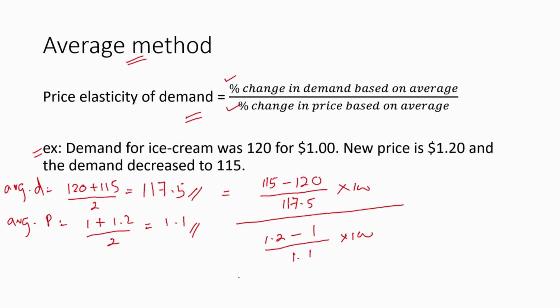This is the average method to calculate the price elasticity of demand. So the price elasticity of demand using the average method is negative 0.234.